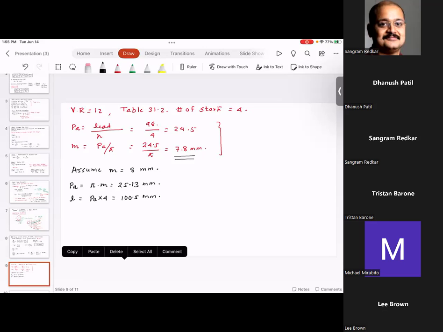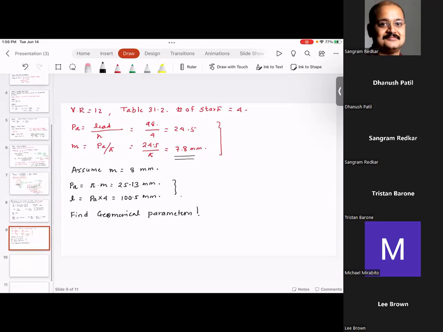So at this point, you can find the geometrical parameters. The basic dimensions are known once you know the module.